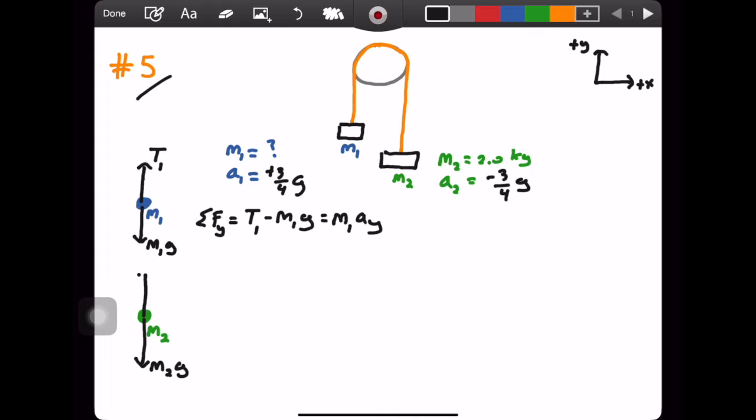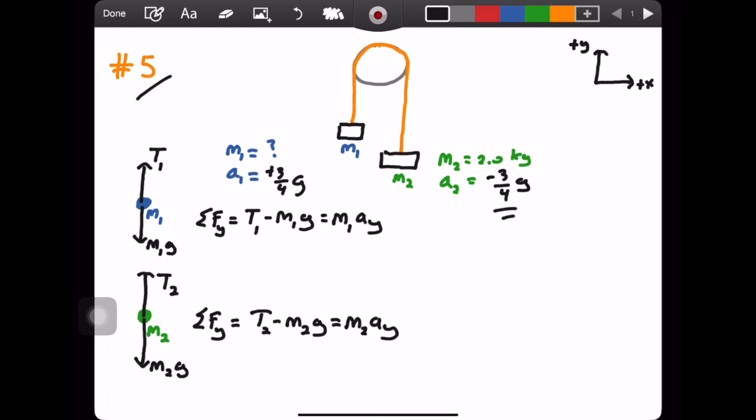It also feels tension, which I will call T2, and that's from the rope. So the sum of the forces in the y are T2 minus m2g equals m2ay. Remember, we already know what ay is. That's this right here. It's 3/4 g downward. So that's going to come in handy.